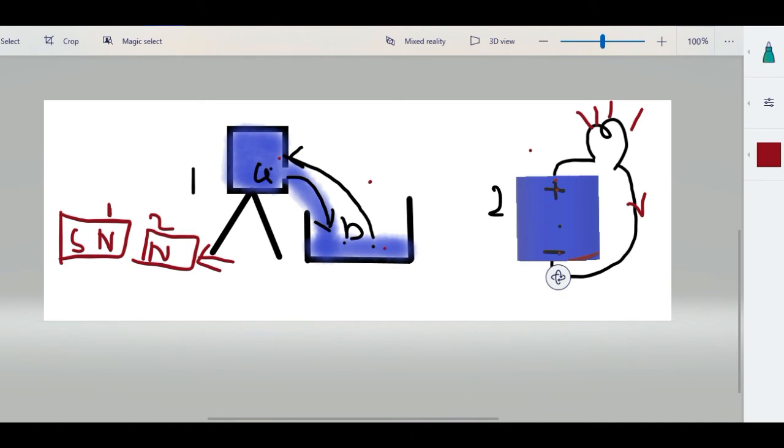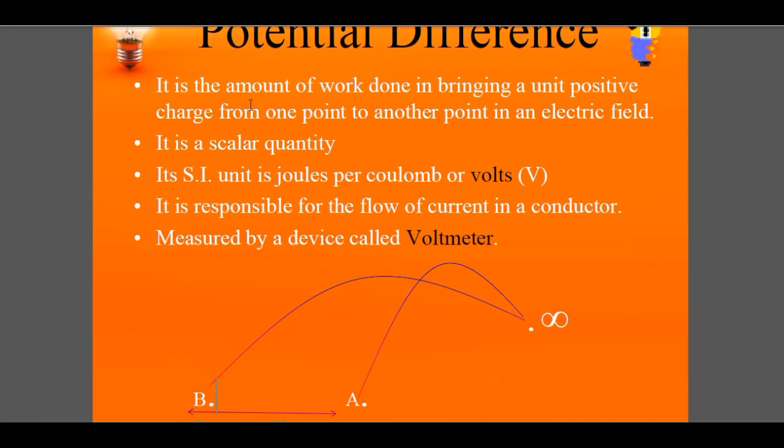So we come to the definition of potential difference: the amount of work done in bringing a positive charge from one point to another is known as potential difference. This is the importance of potential difference: if there is no potential difference, there will be no movement of charge and no flow of current, because movement of charge is known as current.